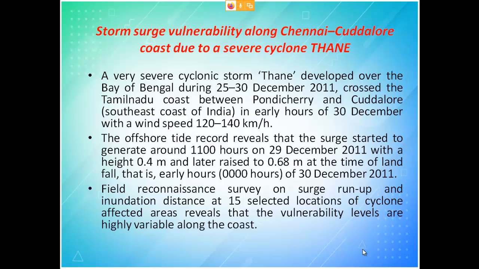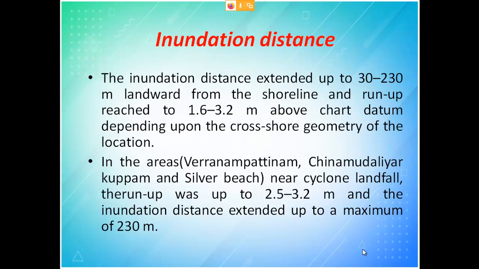So if the cyclone has crossed a particular area, we have to take above and below, with respect to the variability level and along the coast. The condition that you should not change is that we take only along the coast, because we are studying only with respect to the coastal region.